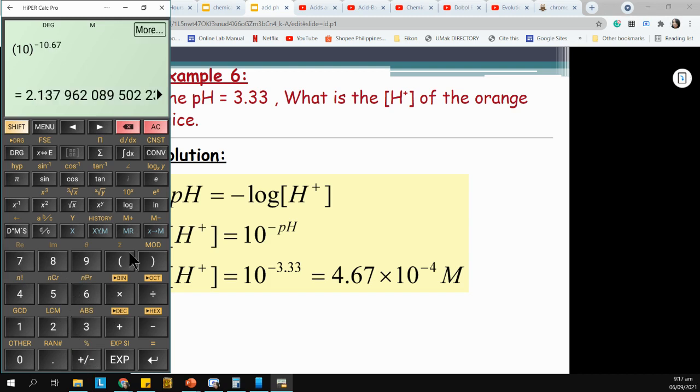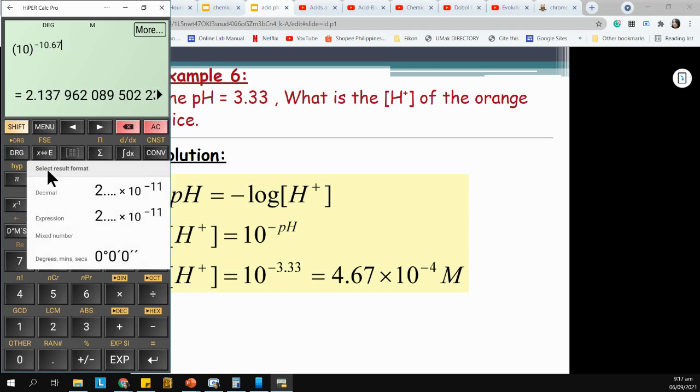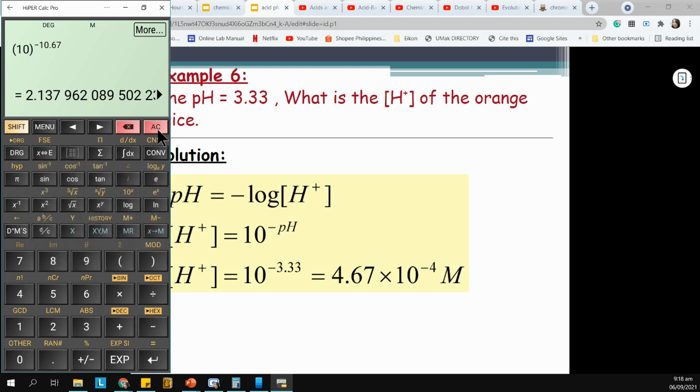Okay, then negative. Yan. So, it's 2.1 times 10 to the negative 11. That is your hydroxide concentration. Okay? Then 10.67 is your POH. Okay? Any questions so far?